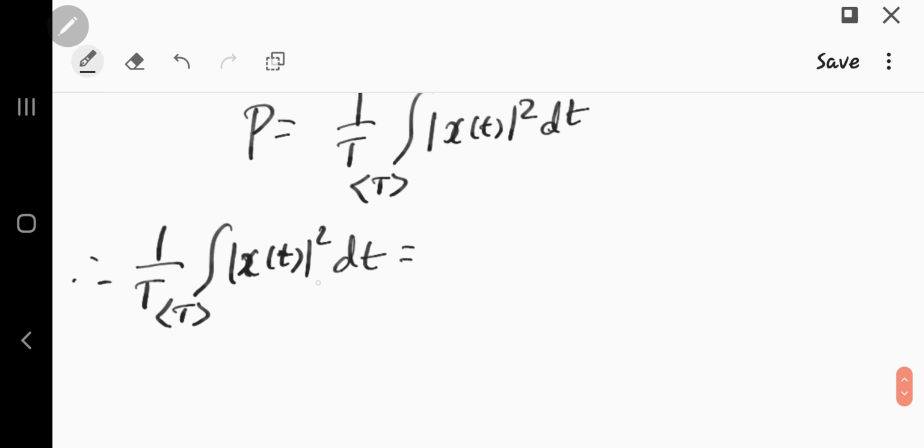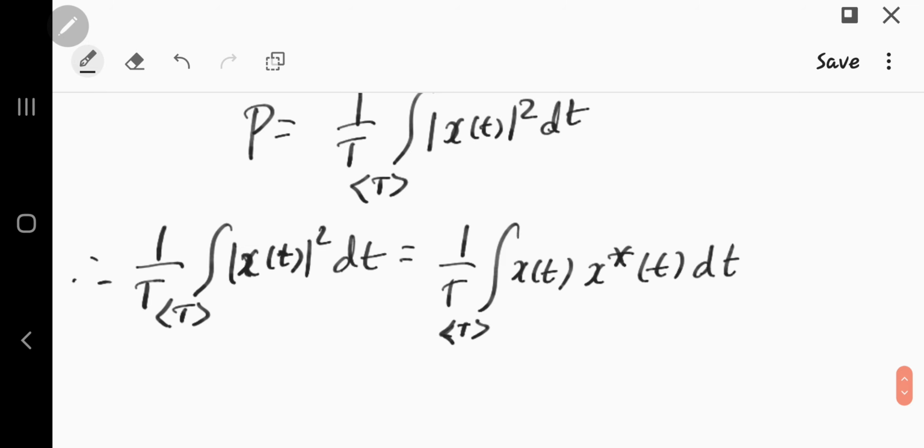This expression can be written in this way: 1 by T integral of x of t and the complex conjugate of this, x star of t, dt. So we have to consider both the complex conjugate of x of t and x of t as well.